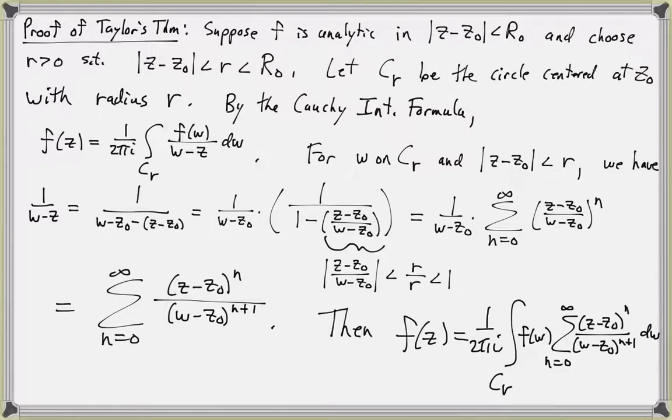Now I'm going to use the fact that if z is within the radius of convergence of z0, the power series actually converges uniformly to the function f of z. We're going to need this in order to switch the order of integration and the infinite sum.